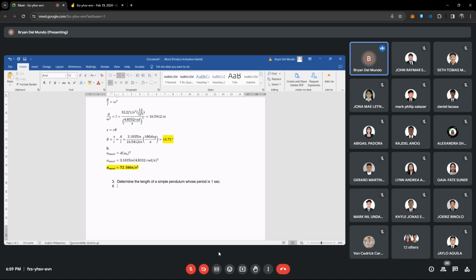Then for our next problem, find the period of oscillation of a simple pendulum whose length is 50 inches.